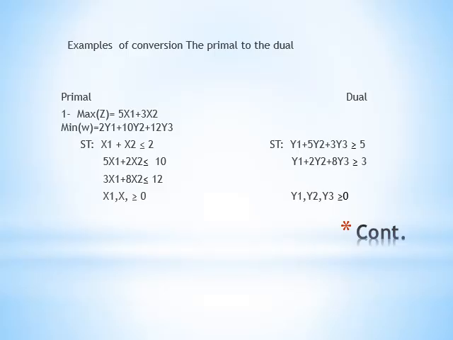Now, the primal is about profit maximization. The components of this primal: the objective function of profit maximization contains two decision variables, x1 and x2.